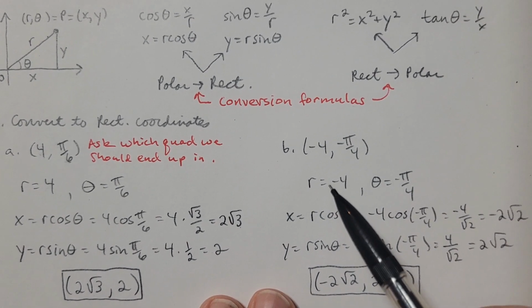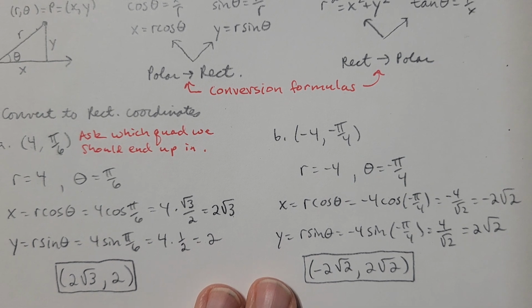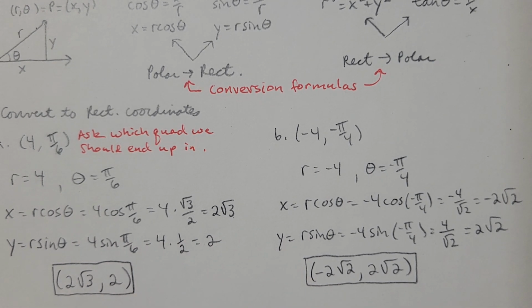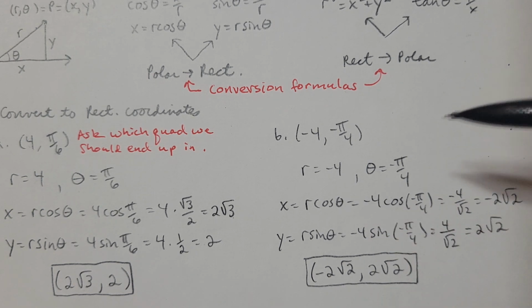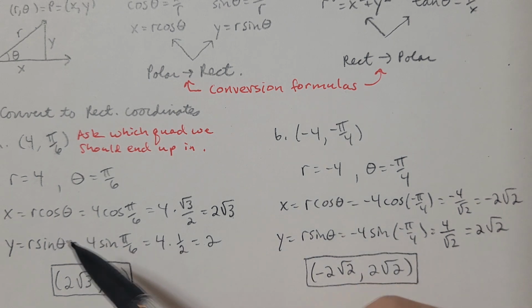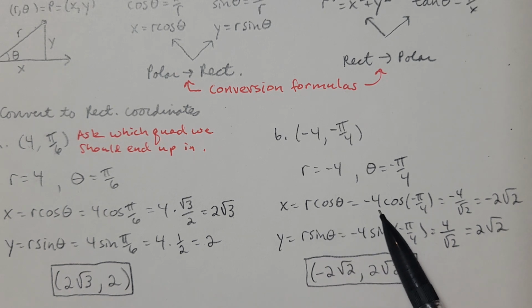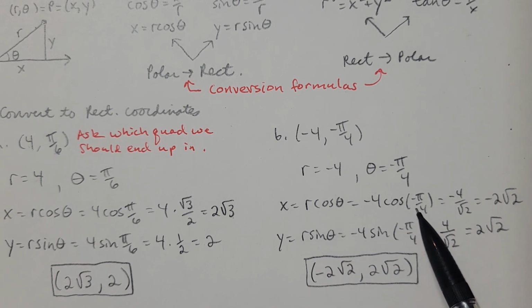Here's another problem. I got -4, negative pi over 4, in polar coordinate form. So r is -4, theta is negative pi over 4. r and theta can be positive or negative, it doesn't matter. I'm going to use these same formulas from before to get x and y. So x is equal to -4 times cosine of negative pi over 4.